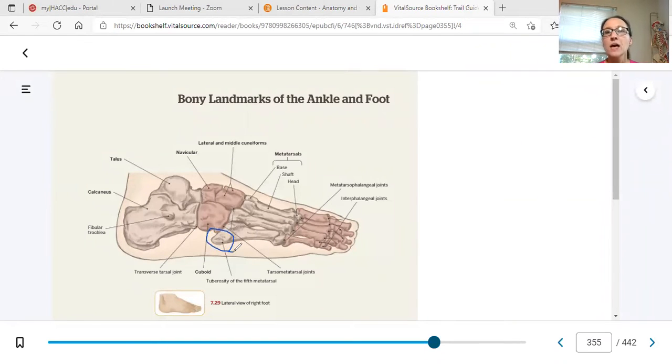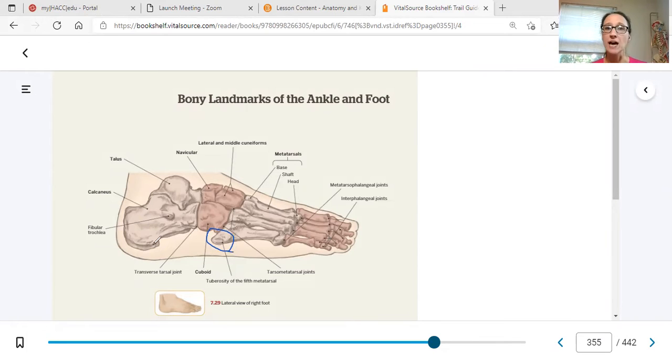That piece serves as a muscle attachment site, and it is incredibly palpable. It is the bump on the side of your foot, about halfway between the toe and the heel. You can absolutely feel it. It sticks out on everyone. That's the tuberosity of the 5th metatarsal, okay?